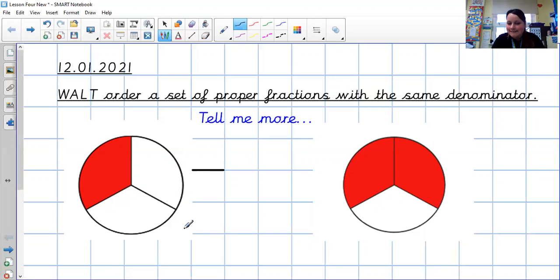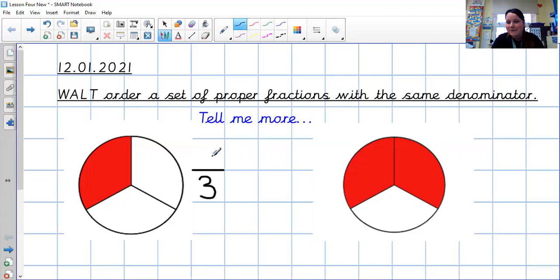Our denominator is how many equal parts our whole is divided into. Here, our whole, our circle, has been divided into 1, 2, 3 equal parts. So I've got 1/3, 2/3, 3/3. So 3 equal parts. And then I'm going to write my numerator.